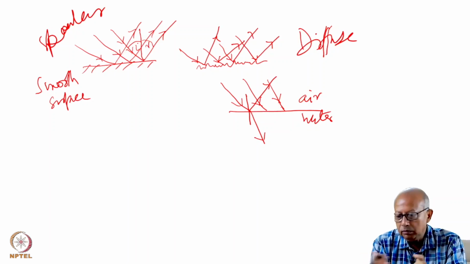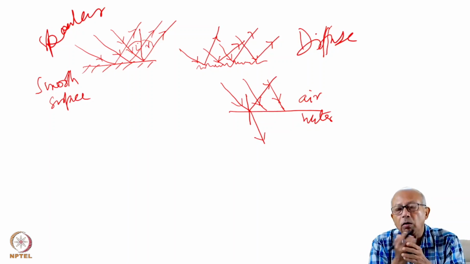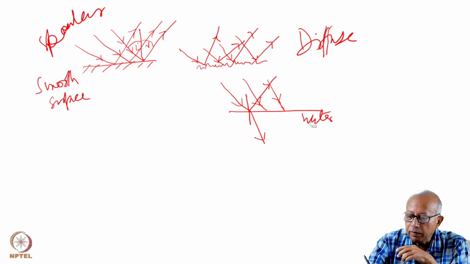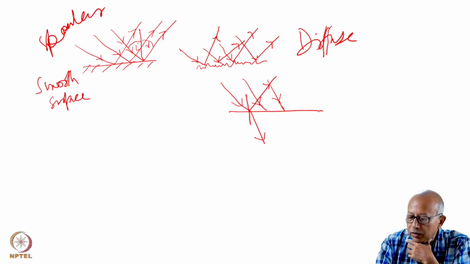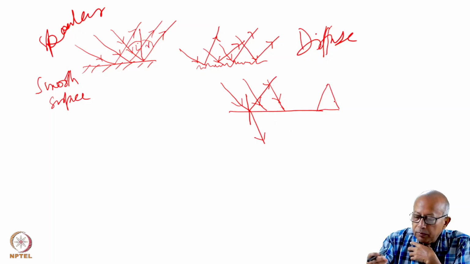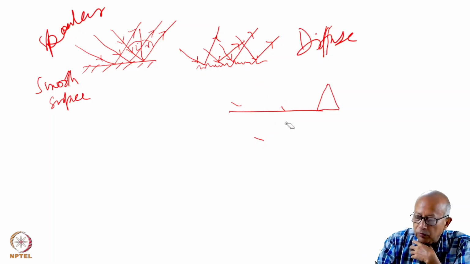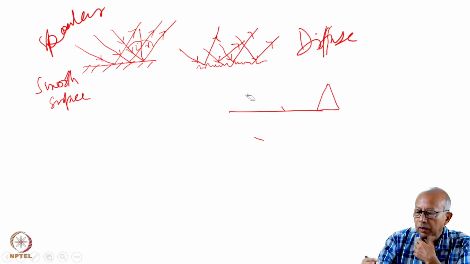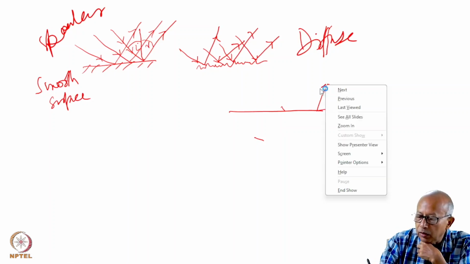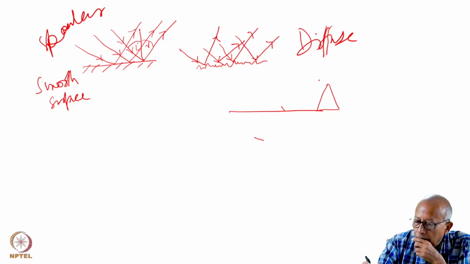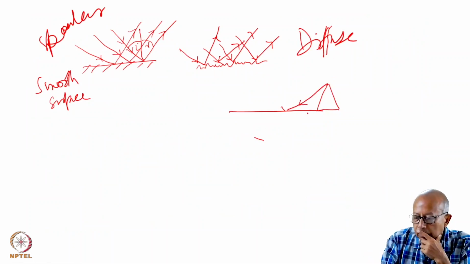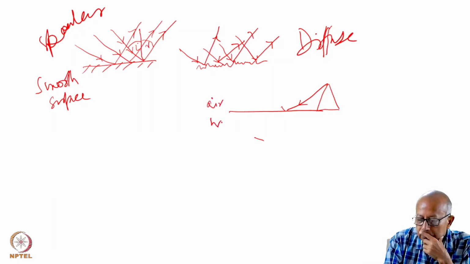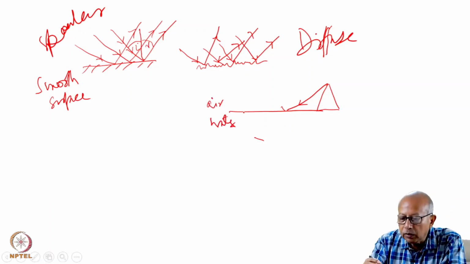Reflection from air-water is very common in nature. Let us consider the reflection from such an interface. Suppose there is an object. For the formation of the image, light from this object would shine onto this air-water interface in this particular case.